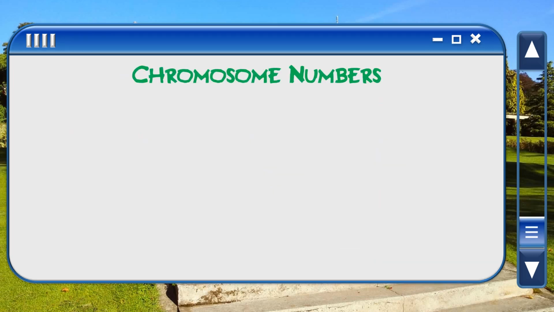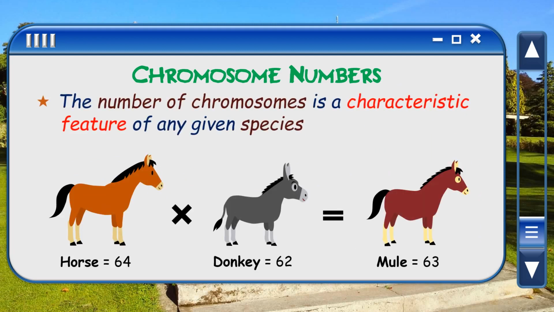Let's look at the chromosome numbers. The chromosome number, or the number of chromosomes, is the characteristic feature of any given species.